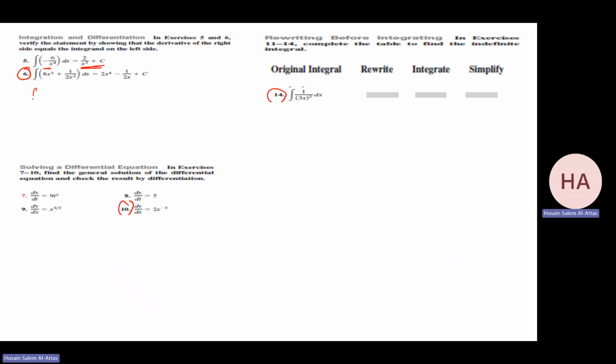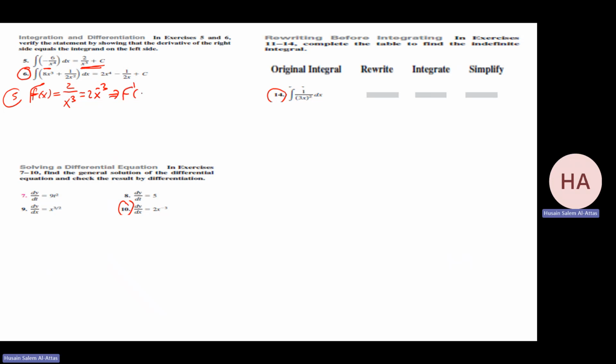Now, f of x equals 2 over x cubed. This is capital F of x. So this is 5. So capital F prime will be what? Or I can write it, to make it clear, as 2 x to the power minus 3.